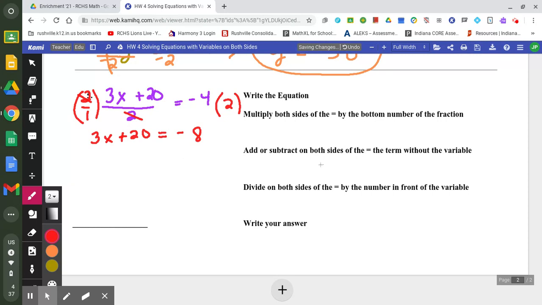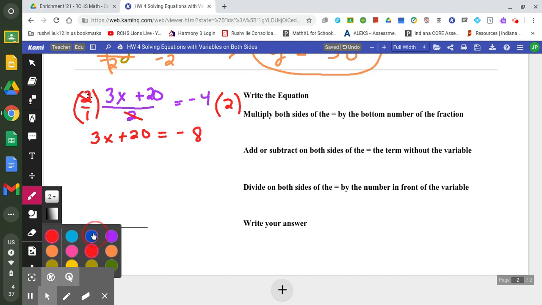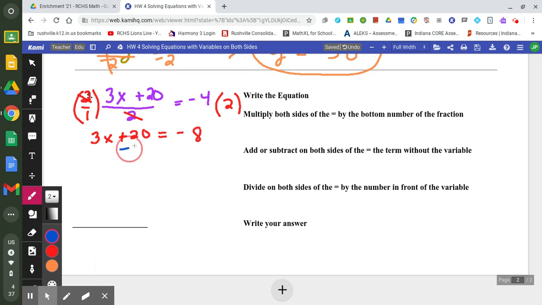Then add or subtract on both sides of the equal sign by the term without the variable. So minus 20 minus 20. 3x equals, and then I've got negative 8 minus 20 gives me negative 28.